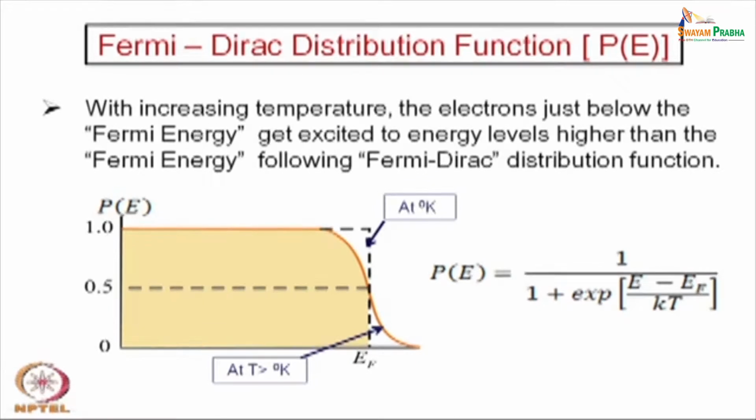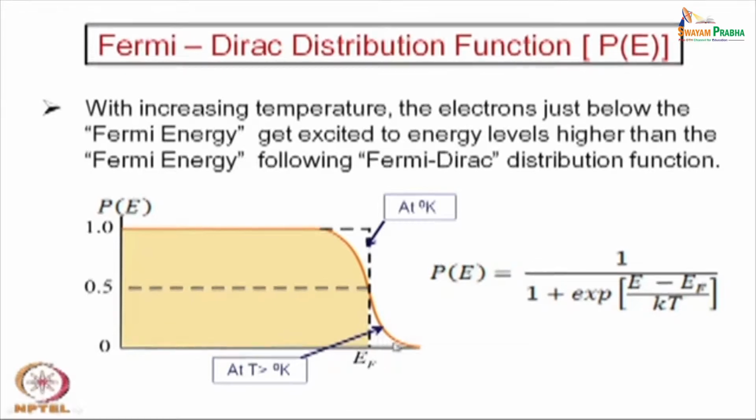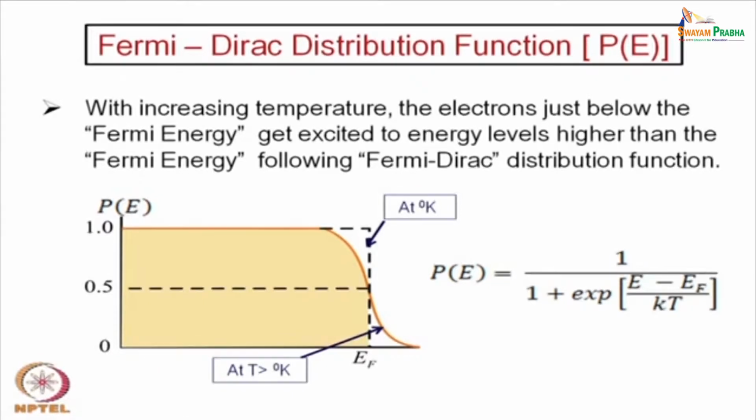than the Fermi energy. So basically it means that some of the electrons having energies very close to E F will acquire additional energy and go above E F. So that original definition is not going to be valid anymore.